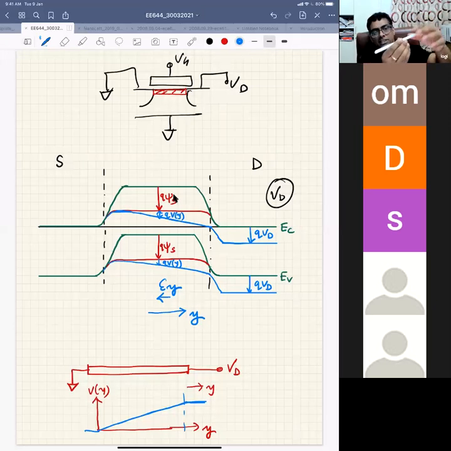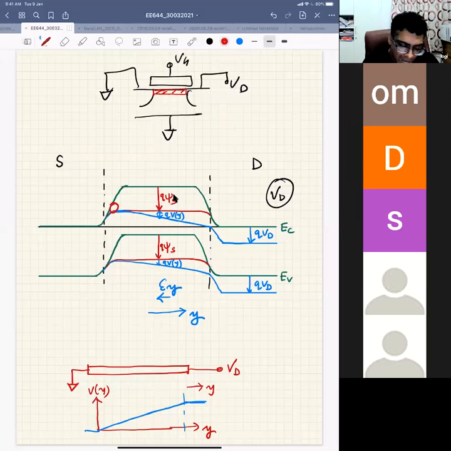You are putting electrons at this point, and the electrons are rolling down at a particular velocity, and that velocity is your drift velocity, right? They are rolling down from source side to the drain side, and they are collected at the drain side.